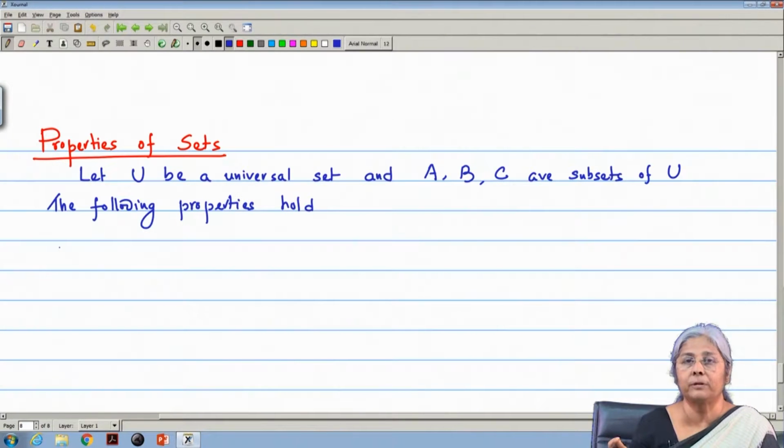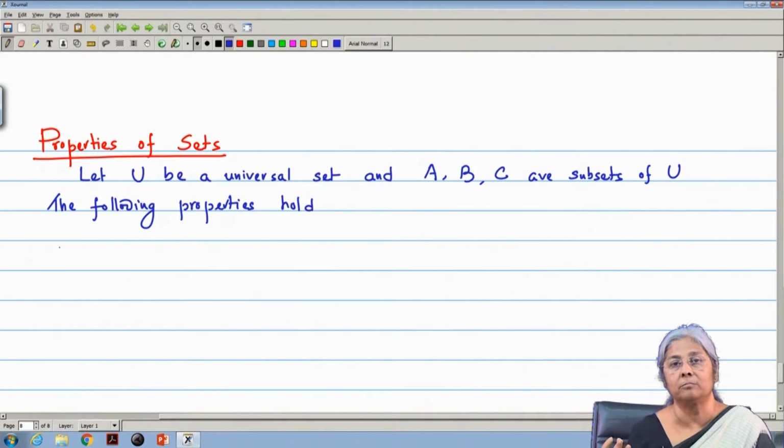And any of these properties we can actually write as a theorem, since we can prove these properties also.